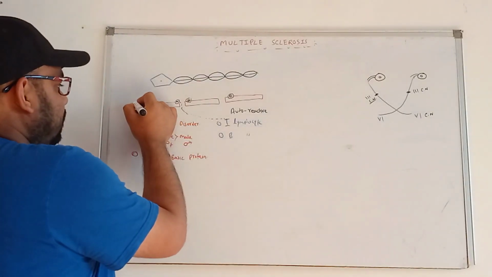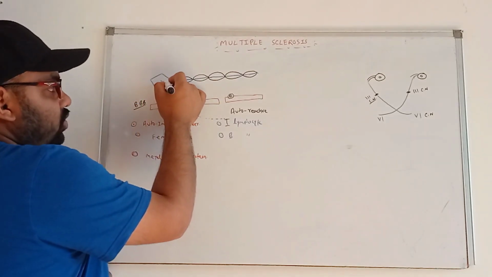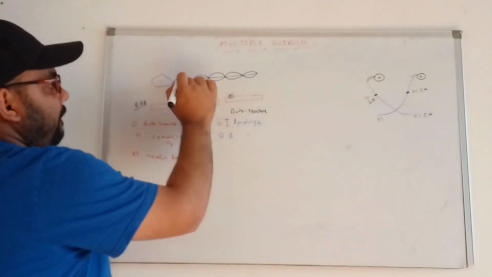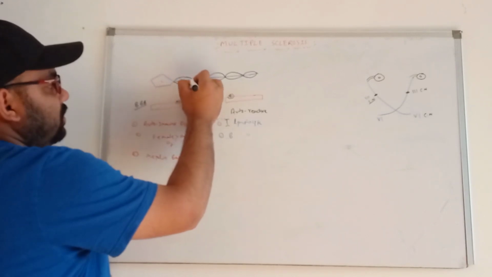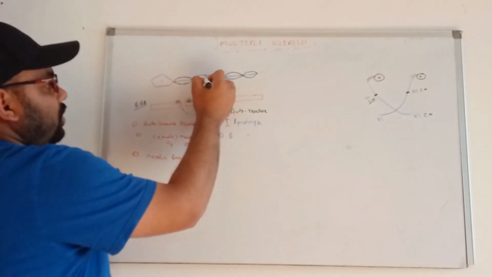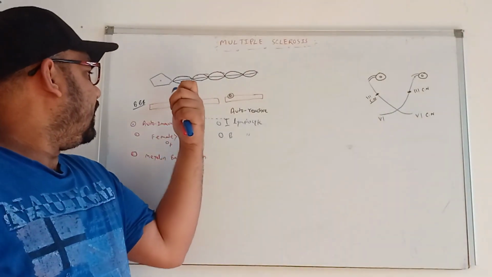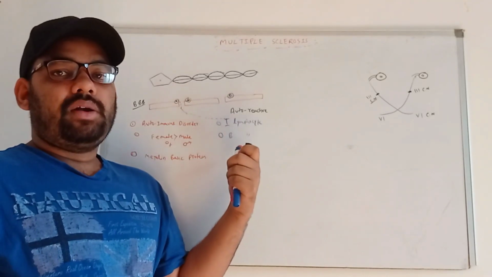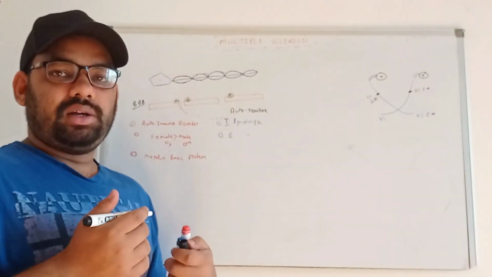So here is the blood-brain barrier, and as we know, this is the normal neuron. These are the axon, and these are the myelin cell. Basically, once the T lymphocyte attacks the endothelial cells of the blood-brain barrier, as a result the permeability of the blood-brain barrier will increase.